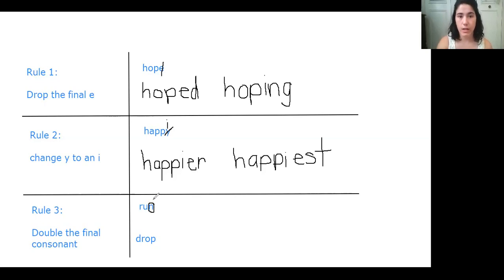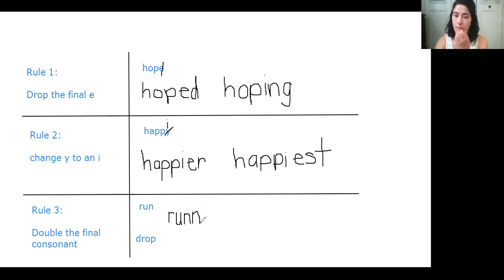That letter N is a consonant. I'm going to double it, and remember, double is when we add another, make it 2. So I'm going to rewrite my base word, run, and I'm going to add that second N into it before I add my suffix ending.